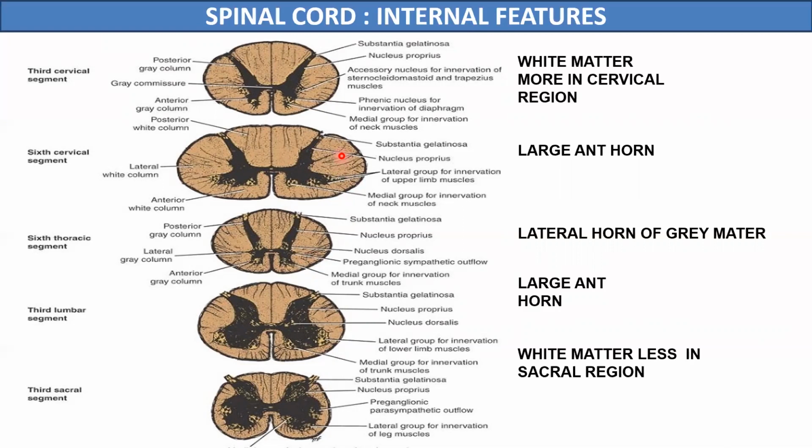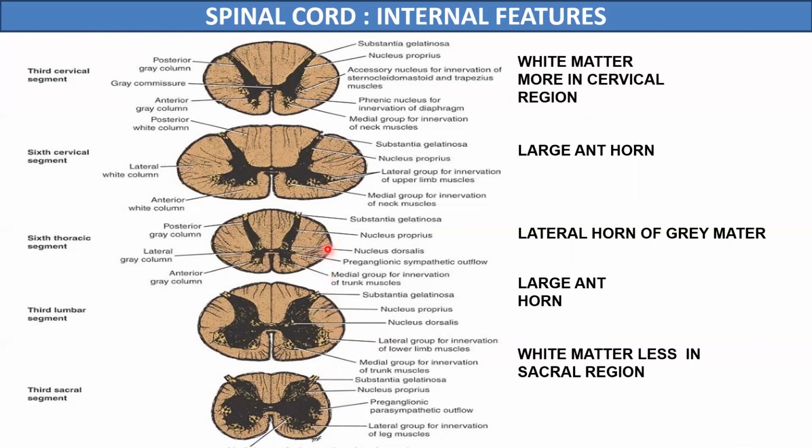So in the cervical region, most of the descending and ascending tracts are present in the white matter. But in the lumbar and sacral regions, most of the descending tracts have already left the spinal cord, and the ascending tracts are only gradually being added, so the amount of white matter is lesser there.